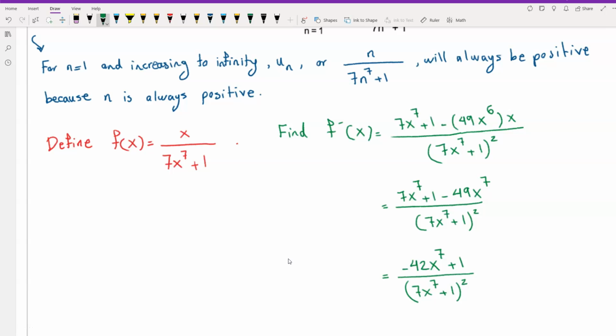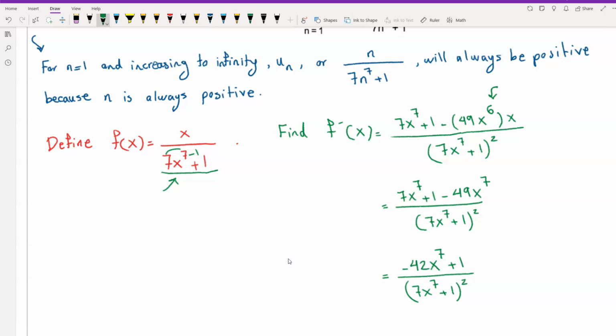That is the derivative of the numerator, 1, times the denominator, 7x^7 + 1, and then subtract the derivative of the denominator, 7 times 7, which is 49, times x to the power 7 minus 1, that is 6, multiplied by the numerator x. The denominator will be (7x^7 + 1) squared.